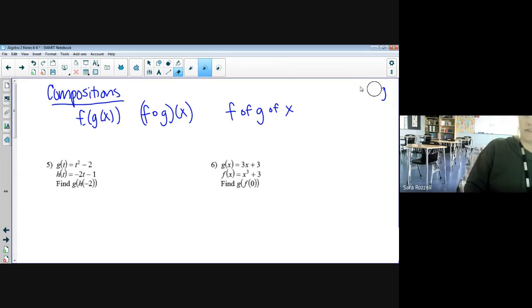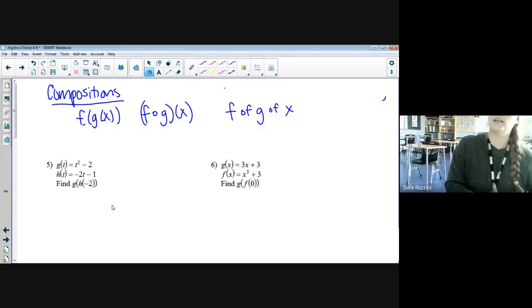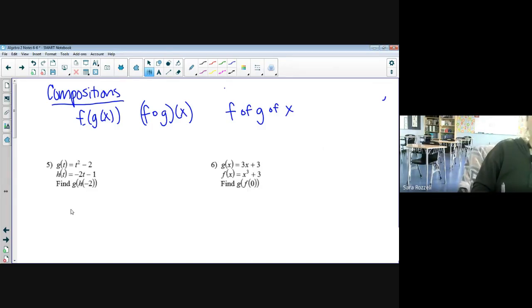All right, so f of g of x. We're going to work our way from the inside out. We're going to evaluate what we have on the inside first, get that answer, and then we're going to plug that in. So particularly on number 5, they want us to do h of -2 first. So we're going to forget the g even exists. We're going to evaluate h of -2, get that answer, and then we'll talk about the g.